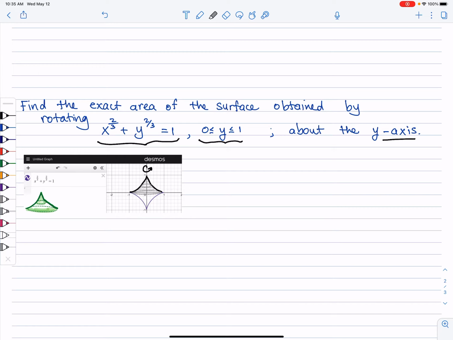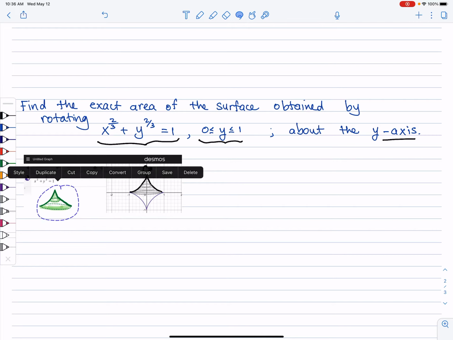So if we look at how it's going to look, you're going to have something like this. I'm not sure if you're looking at it, but you can look at it as a cone, like an ice cream cone. Think about a waffle cone. So we're looking at just the waffle part, right? A waffle cone, an ice cream cone. So if you were looking at the volume, then you would be looking at the ice cream inside of that cone.